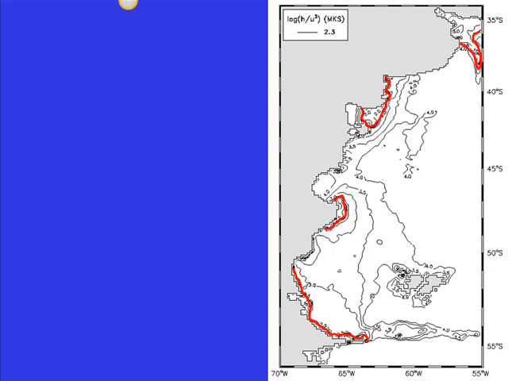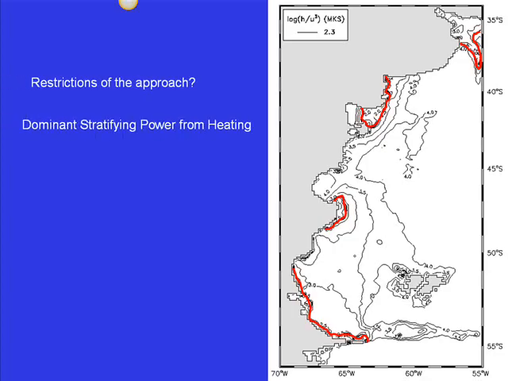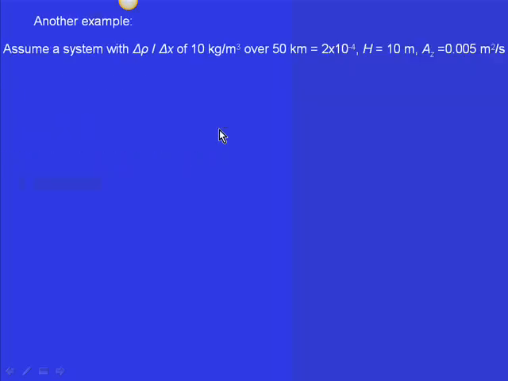That's the assumption for this H over U cube. So those are the restrictions of the approach, that the dominant stratifying power comes from heating and the destratifying power from bottom stresses.